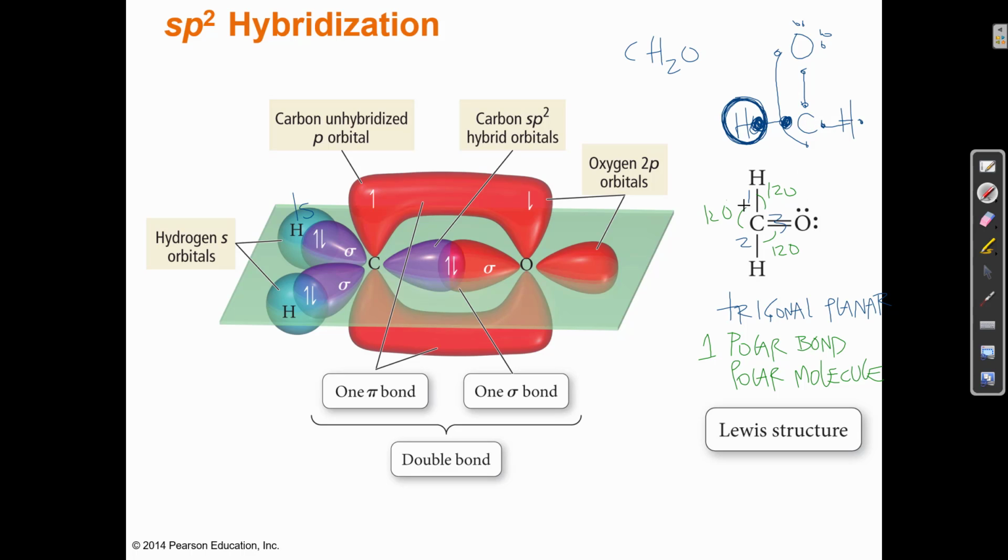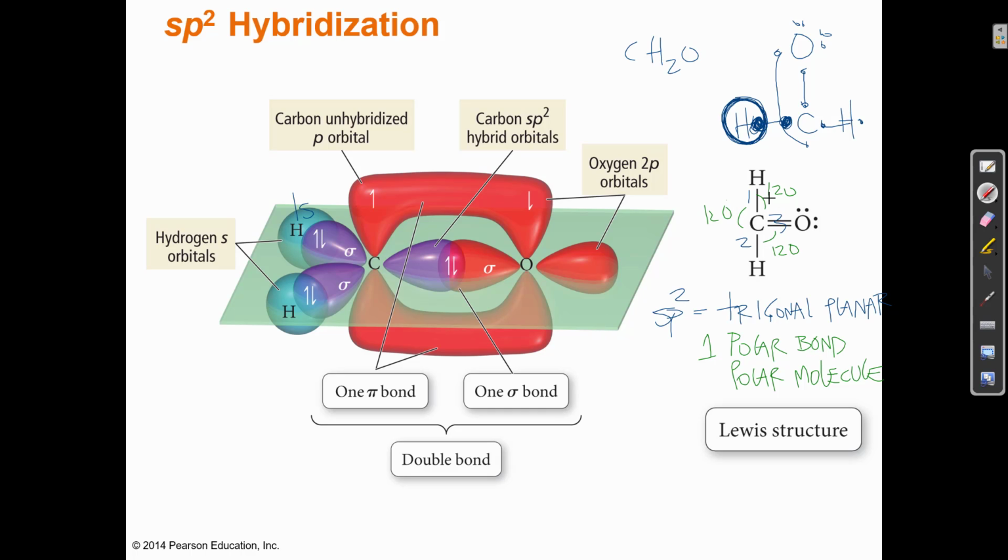And I can also see that because the bond angle is 120 degrees, that also tells me that this is sp2 hybridized. So if I know what the geometry is, because I looked it up on a table, then I also know what the hybridization is, because the geometry that gives me 120 degree bond angles is also the hybridization that gives me 120 degree bond angles. sp2 and trigonal planar are the same. There are two ways of saying the same thing.